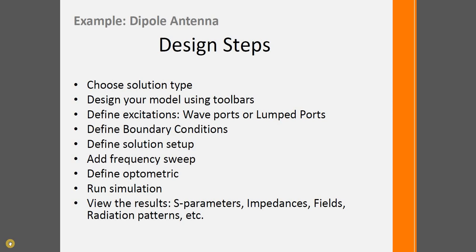It's better to excite the dipole antenna with the lumped port elements, like we defined in the small loop dipole antenna, magnetic dipole antenna. Then we should define boundary conditions, define a solution setup, add a frequency sweep, define optimetrics to see the best result, and run the simulation and view the results as parameters, impedance, fields, and radiation patterns.